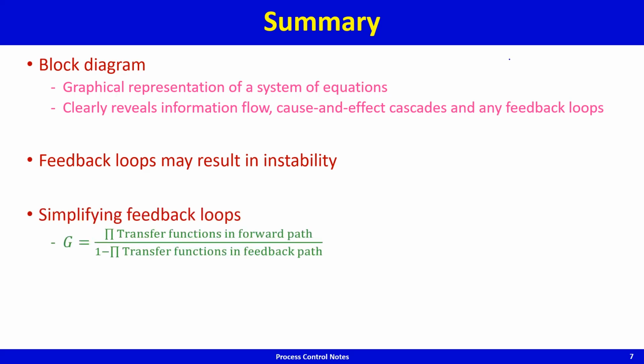Simplifying feedback loops, the rule is the numerator of the equivalent transfer function is the product of all the transfer functions in the forward path from the input to the output, and the denominator of the equivalent transfer function is 1 minus the product of all the transfer functions in the feedback path.